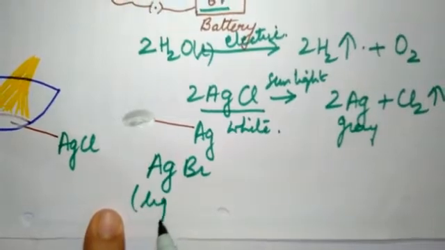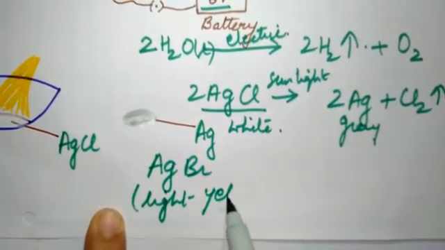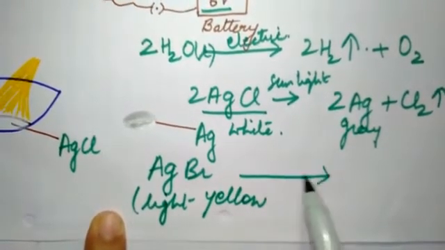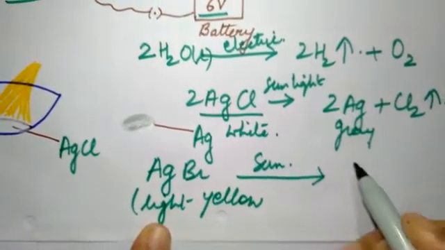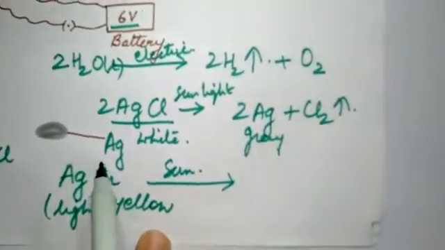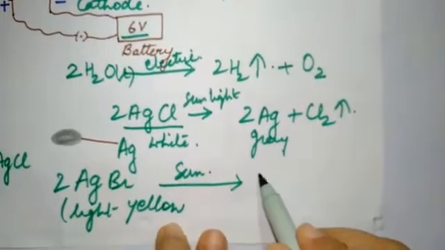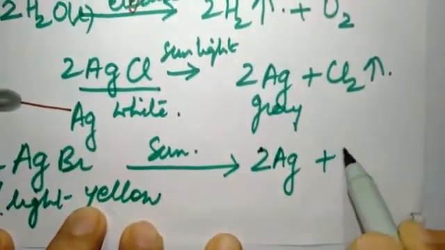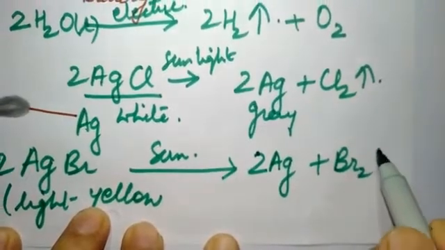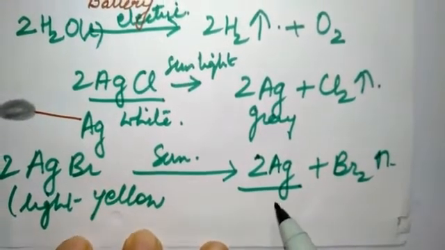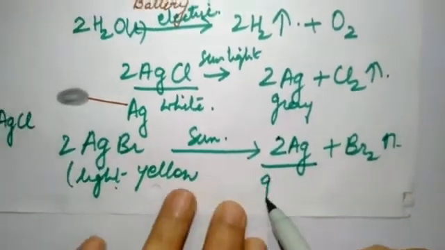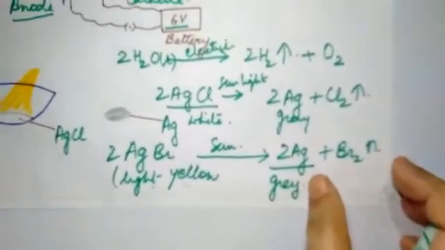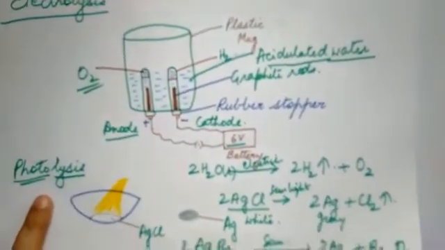It is light yellow or pale yellow in color, and if it is kept in the presence of sunlight, it breaks up again into 2Ag plus Br2, bromine gas evolved, and the color changes from light yellow to grey. This is known as photo decomposition or photolysis.